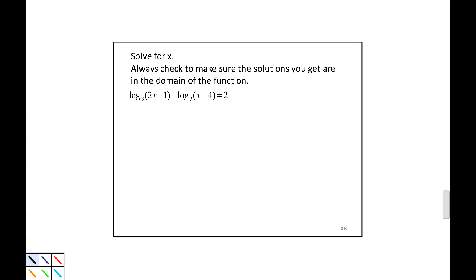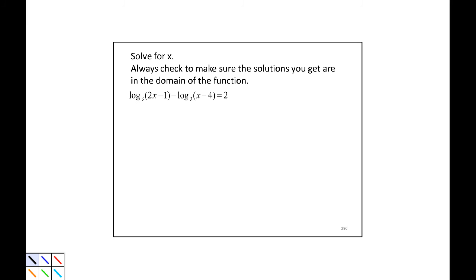All right, our last example for this: solve for x. Always check to make sure the solutions you get are in the domain of the function. You have log base 3 of the quantity 2x minus 1 minus log base 3 of the quantity x minus 4 equals 2.